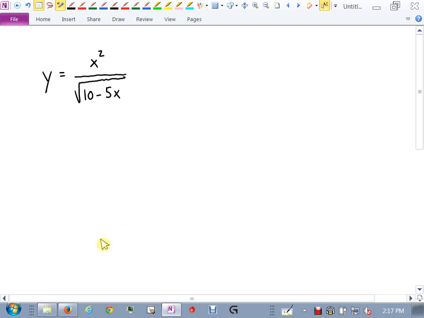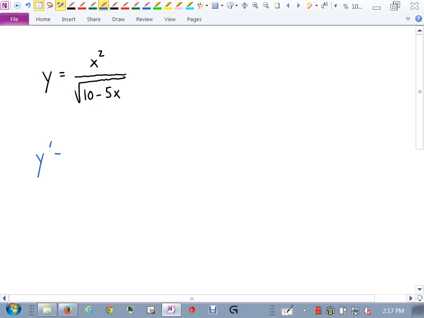You know that in the quotient rule, you will have to take the derivative of both the top and the bottom. The derivative of the top, 2x, should be pretty clean. The bottom, however, is the square root of 10 minus 5x. That's composition, isn't it? That's something inside of something. So this is going to be a little chain rule on this one. The top one won't be a chain rule. The bottom one will.